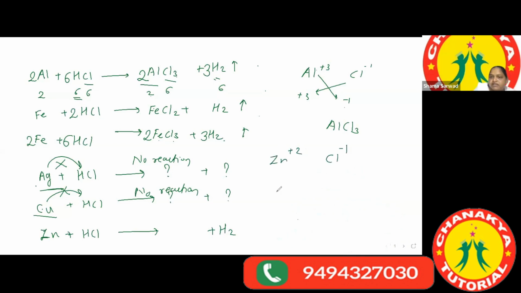Chlorine valency is minus 1. Plus 2, minus 1. If we go for cross multiplication, you will get here ZnCl2. Clear? So 2 hydrogen, 2 chlorine, just multiplied by 2. That's it. It's a balanced equation.